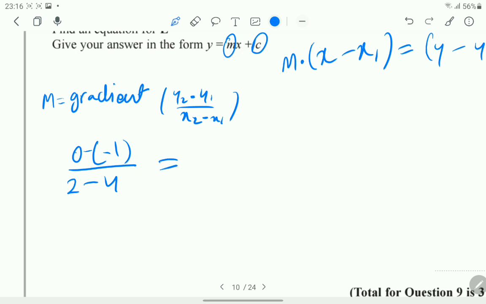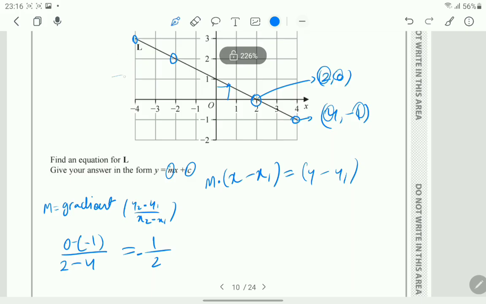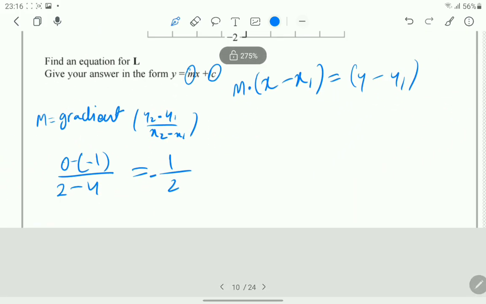And we get our gradient as 1 over 2, minus 1 by 2 is the gradient. We could already tell that the gradient would be negative since the line is moving downwards. It shows a negative slope.